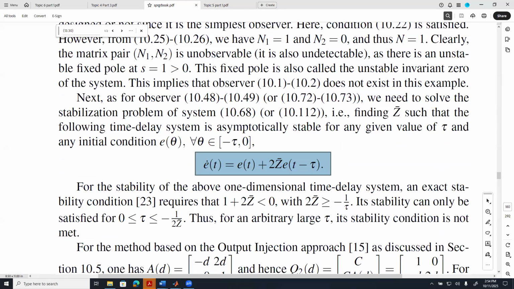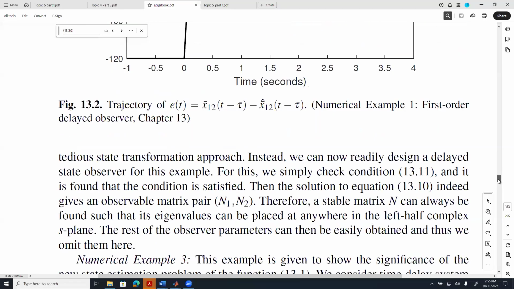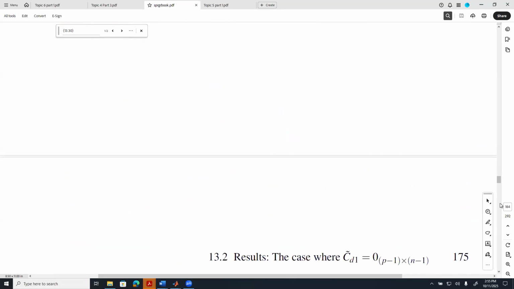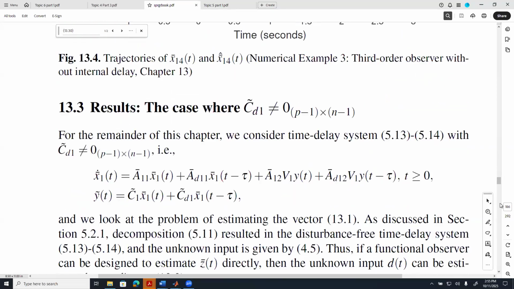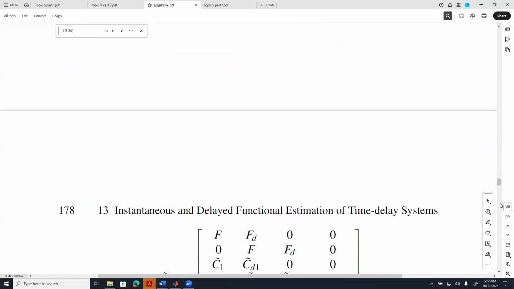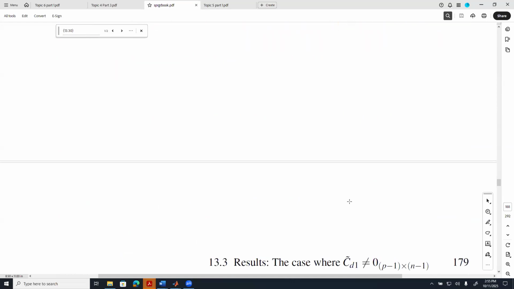Whereas in this example, even though we got an unstable fixed mode at 1, by using our solution, we arrive at an error dynamic equation which is less conservative, or it can work for a wide range of time delay system. Let's put it that way.